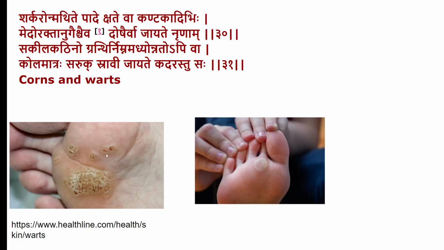Corns also are triggered due to a reduced sensitivity of the foot. Patients with diabetes mellitus, leprosy, etc., have a high chance of developing corns because the sensitivity is lesser, and as the sensitivity is lesser, they have a higher chance of unnoticed injury, and that later on results in corns.